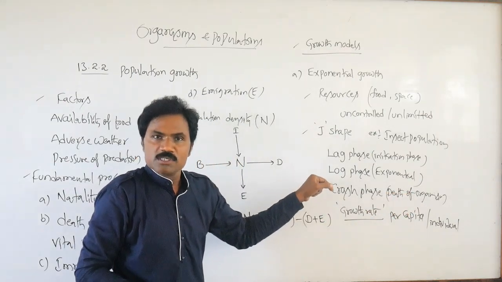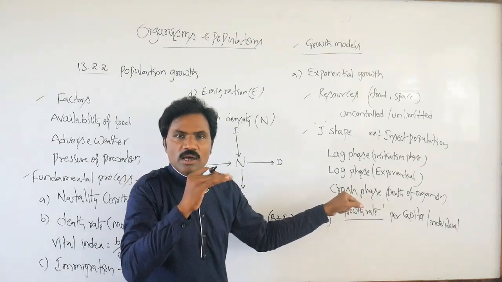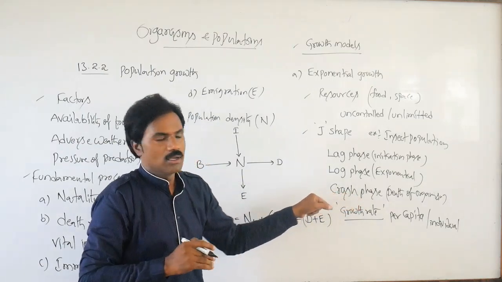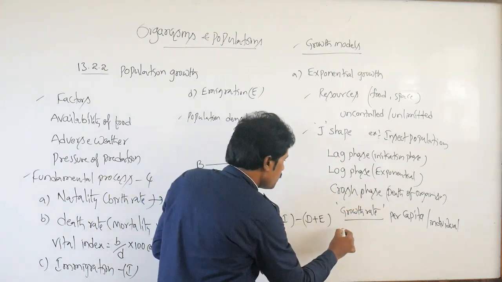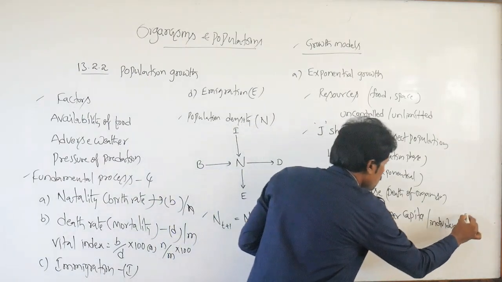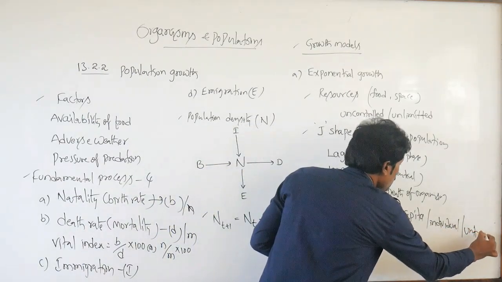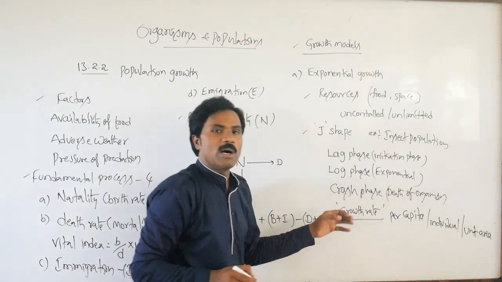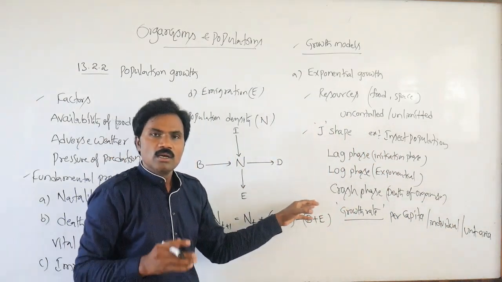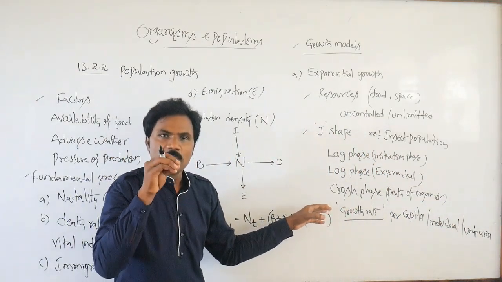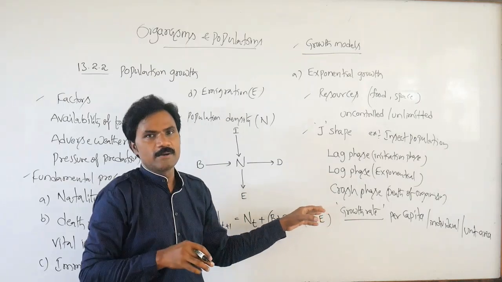Then we must know about the original rate of the growth. Here, per unit area, the population growth rate, the population density per unit area, per capita.